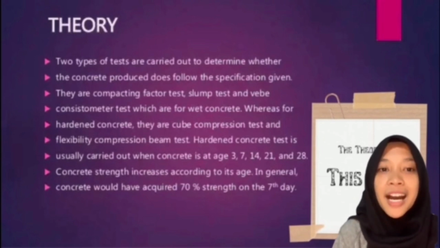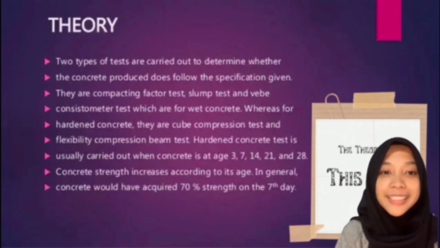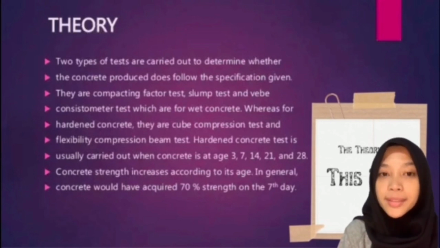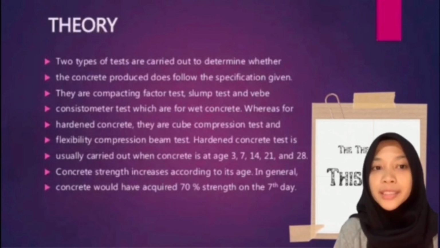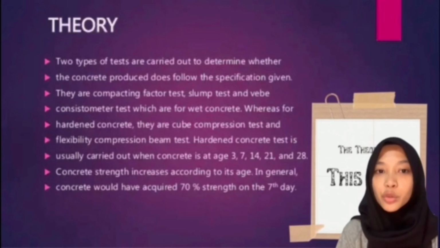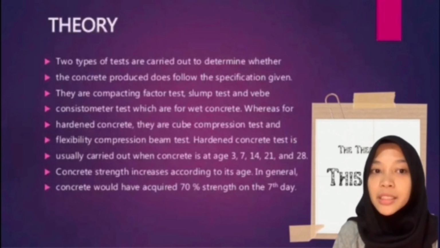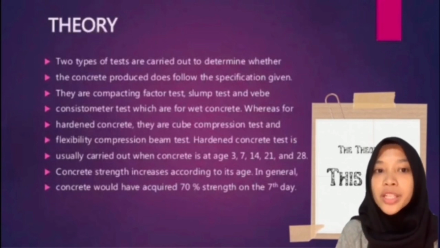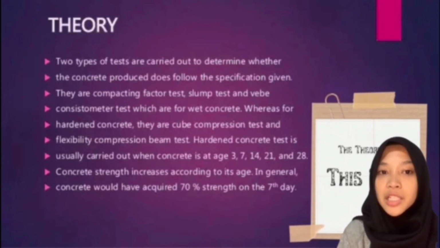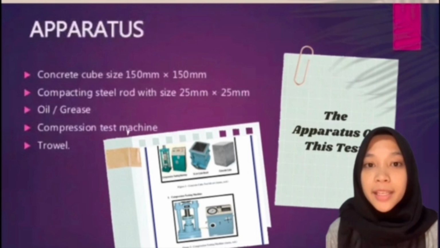The hardened concrete test is usually carried out when concrete is at age 3, 7, 14, 21, and 28 days. Concrete strength increases according to its age. In general, concrete would have acquired 70% strength on the 7th day. The apparatus of this test is: 1.